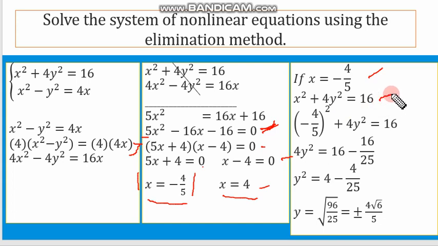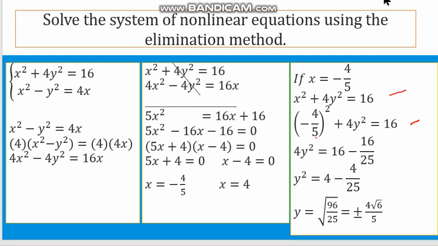Okay? So if our x is equal to negative 4 over 5, we refer to the first equation, x squared plus 4y squared equals 16. You can use the second equation, but for this example we use the first. We substitute the value of x by negative 4 over 5. So negative 4 over 5 squared plus 4y squared equals 16.